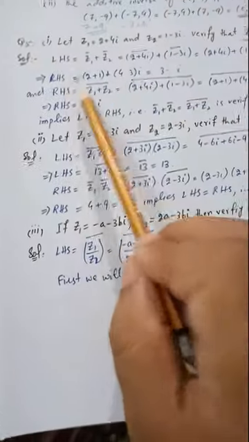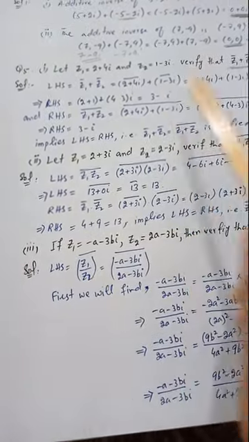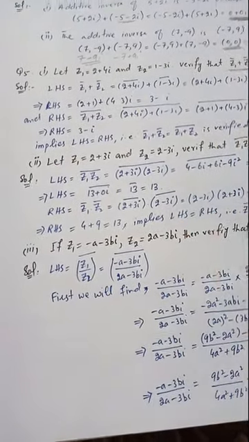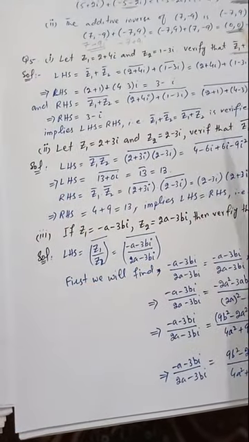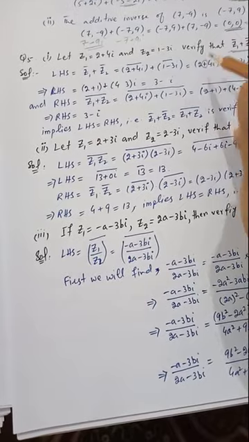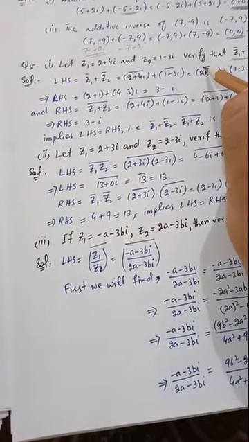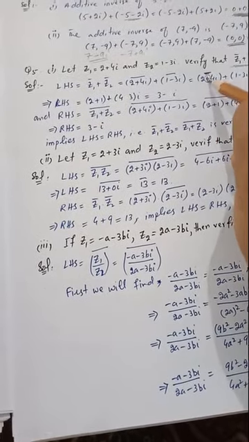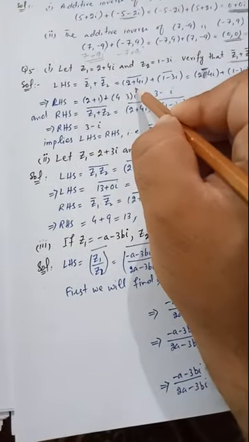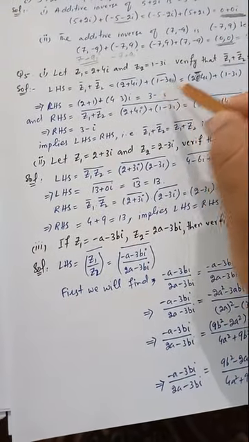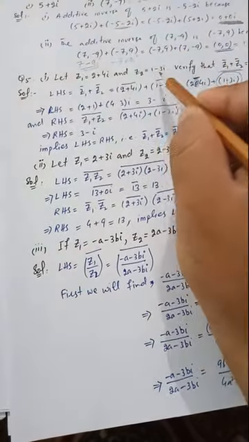So you see that on the left hand side, conjugate of z1 plus conjugate of z2. Now you need to change the sign of the imaginary part. 2 minus 4 iota is the conjugate of 2 plus 4 iota, and 1 plus 3 iota is the conjugate of this number.